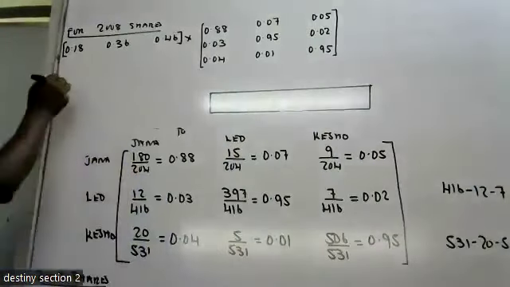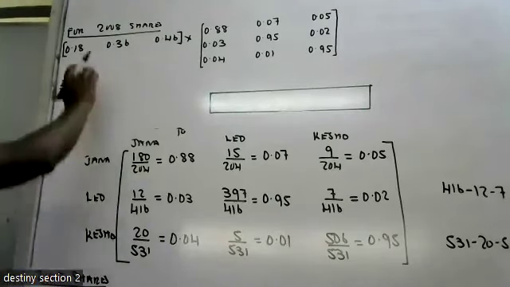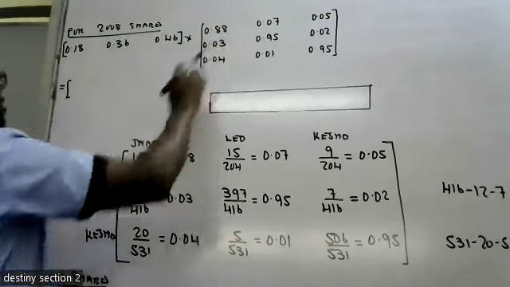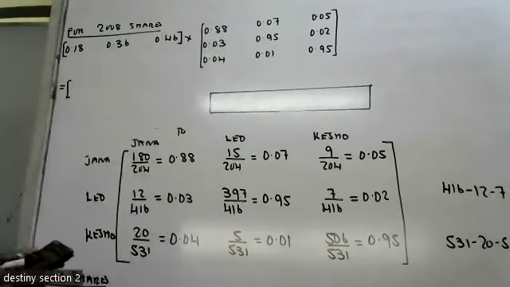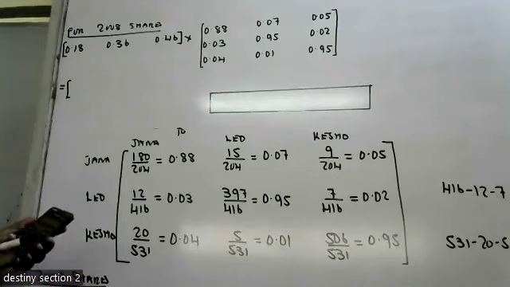Now when we multiply, you take the calc, unachukua hizi una multiply na hizi. So we can go 0.18 times 0.88 plus 0.36 times 0.03 plus 0.46 times 0.04.